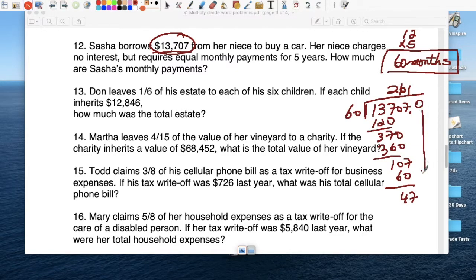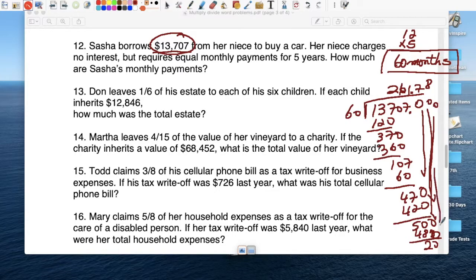So let's see if I can continue. 60 goes into 470 7 times, which is 420. 50 left, so bring another 0 down. 60 goes into 500 8 times, 480. We're going to go one more decimal place. So 20, bring another 0 down, 60 goes into 200 3 times. So it looks like it's going to be $261.78 rounded. Okay, so that would be the answer.